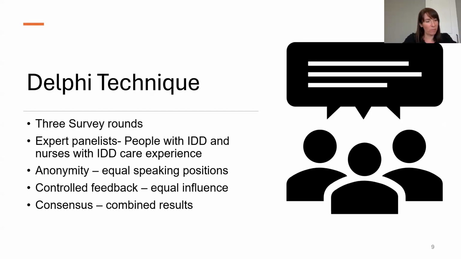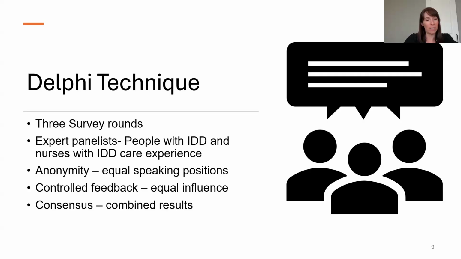We used a Delphi technique for this study. Through Delphi, we had 3 survey rounds. We identified people with IDD with experience of being cared for by nurses, and nurses with experience caring for people with IDD to be the expert participants. In a Delphi study, participants are referred to as panelists.